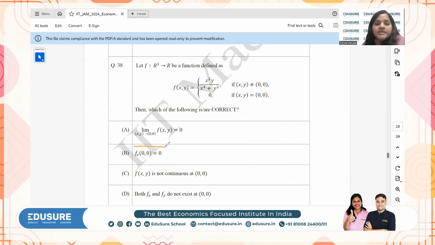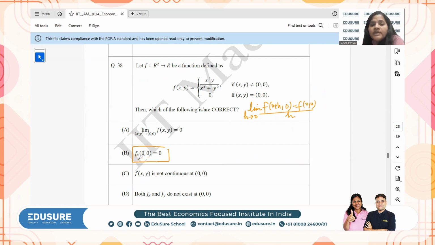Now, this is the partial derivative of f with respect to x at (0, 0). The general definition of a partial derivative is the limit as h tends to 0 of f(0 + h, 0) minus f(0, 0), divided by h.